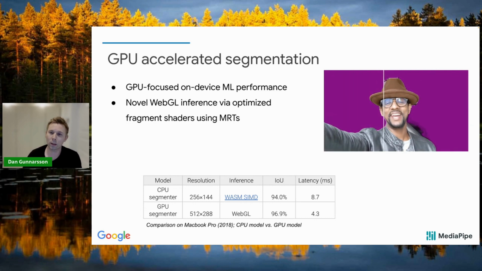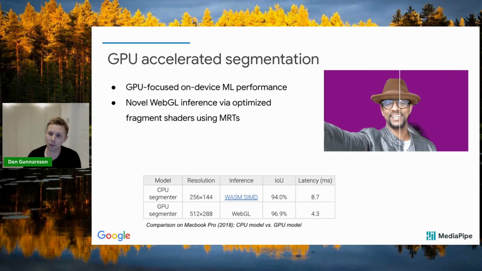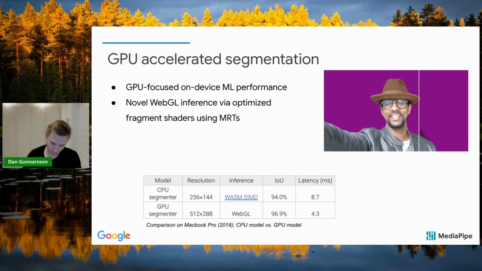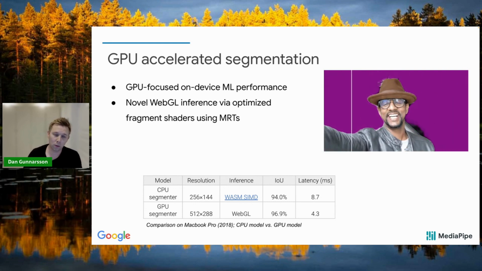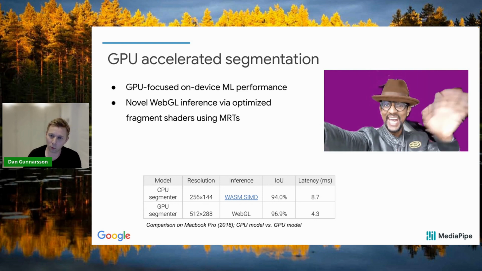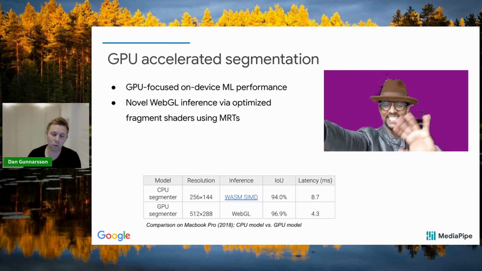There is a quite large penalty of running things on the GPU inside the web browser compared to running it natively on OpenGL, due to the nature of WebGL. At the end of the day, we ended up using fragment shaders to enable the general purpose ML work that is needed for this, kind of bypassing WebGL, which is highly optimized for graphics work.